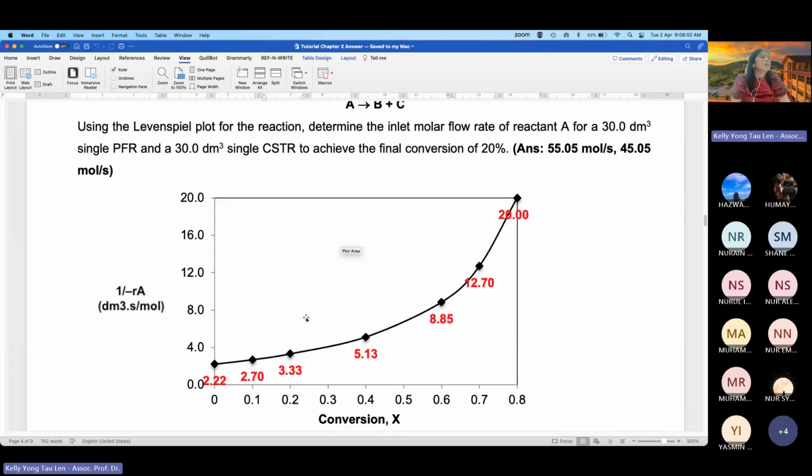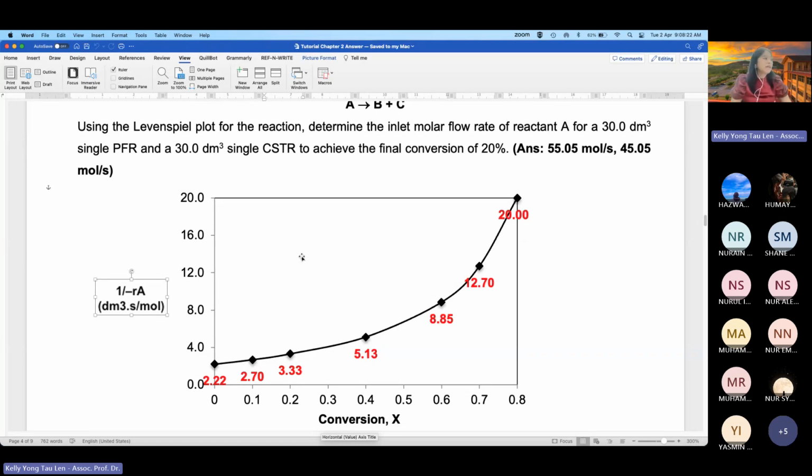But with the Levenspiel plot, you have to be very careful, because the plot is actually X, your conversion, versus 1 per minus RA. So that is the big difference: now the plot is X versus 1 per minus RA.